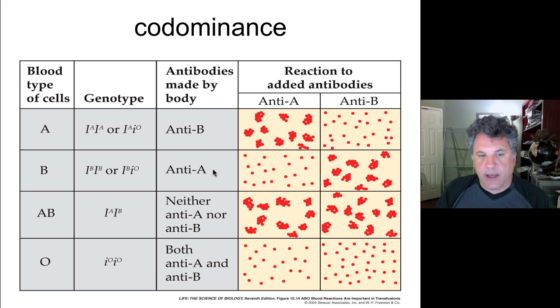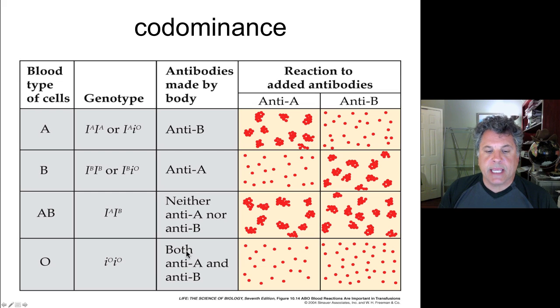as non-self. Whereas if you are AB, if you're an AB heterozygote, then you see in your blood cells both the A protein and the B protein, and you don't make antibodies against either the A or B blood type proteins. Whereas if you are O, then you are homozygous for the little i O allele.